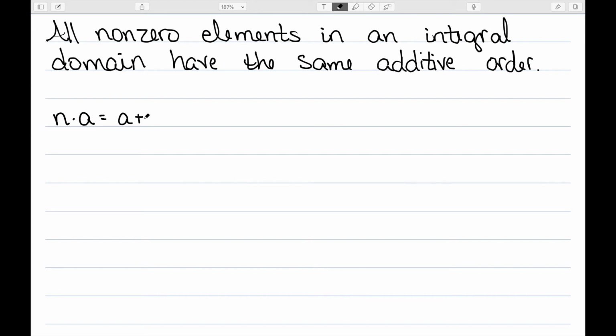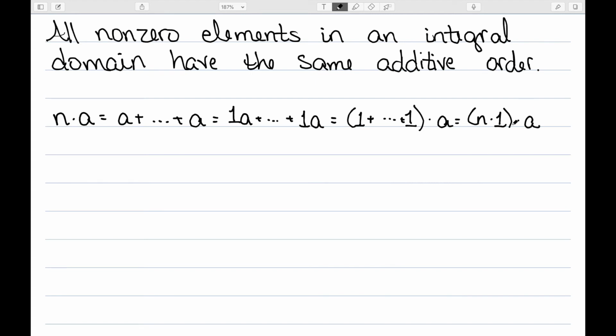Well, this means a plus a, etc., n times, which is the same thing as 1 times a plus 1 times a plus 1 times a, etc., n times. I can factor out the a to get (1 plus 1 plus 1, n times) times a. Well, this is (n times 1) times a.